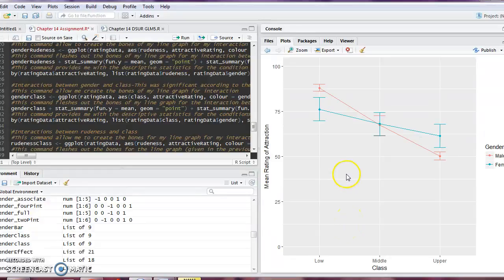In a sense, it's actually similar to the trend that we've seen in the last interaction, in that attractiveness just all across the board decreases as you increase in class. However, here it appears that middle class is the one class where that's when it gets real for both men and women.